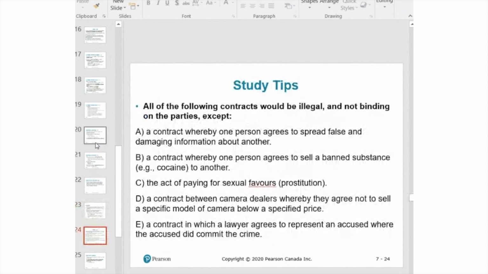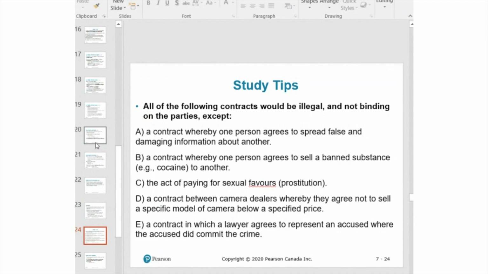All right. So one more question for you to practice what we are discussing. So all contracts here are illegal, except one.